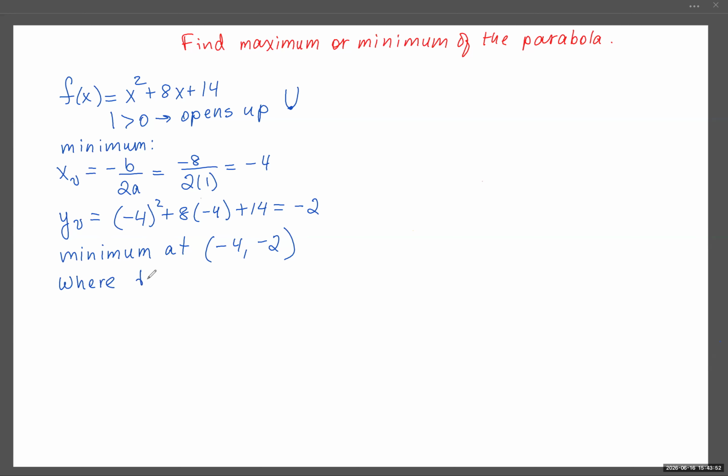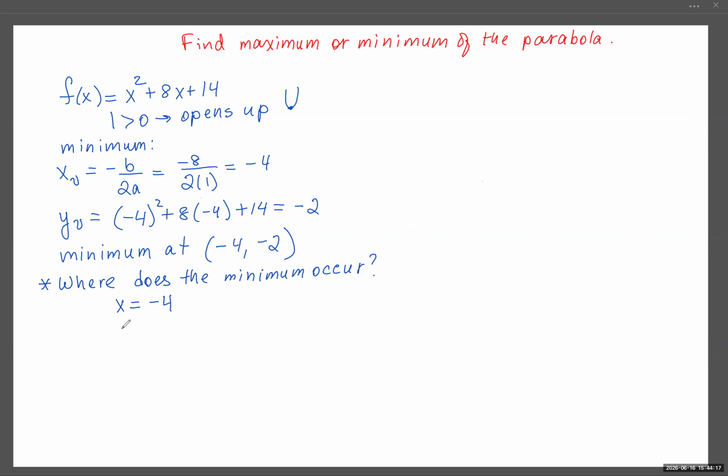Where does the minimum occur? Well, that is just the x-coordinate of the vertex, so that's x equals negative 4. The minimum occurs at x equals negative 4. And then another question that you can see kind of relates here.